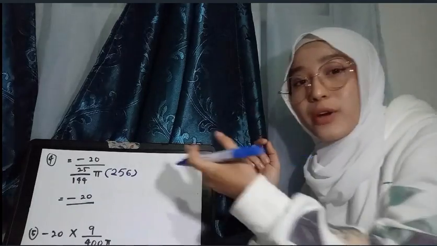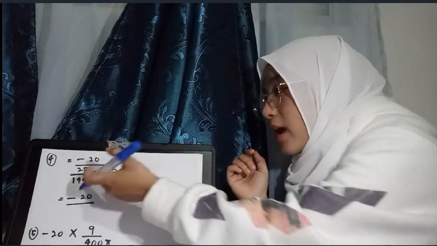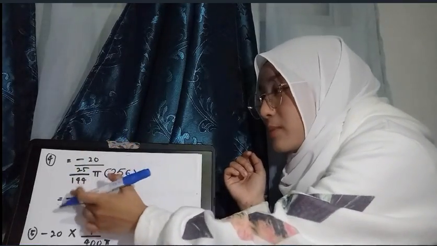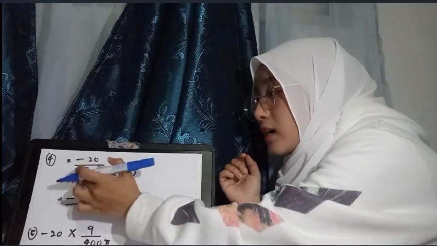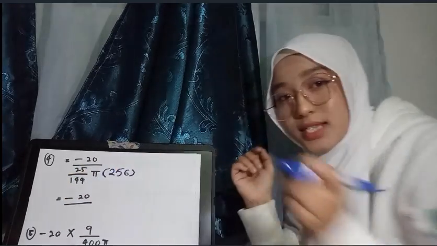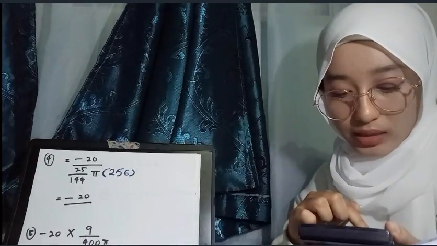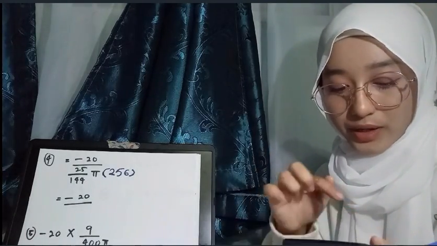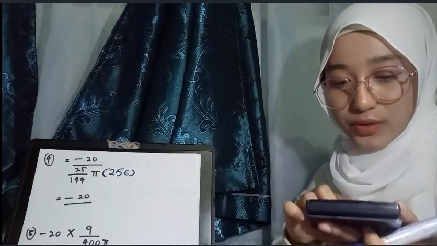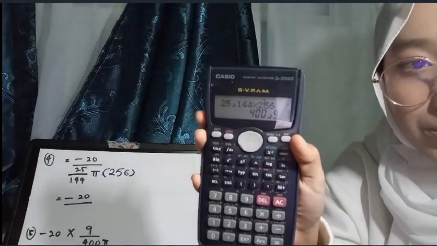When you get like this, you have to multiply the bottom part first. So you multiply 25 over 144 pi with 256, and let's see what you get. 25 over 144 times 256, and you get 400 over 9.